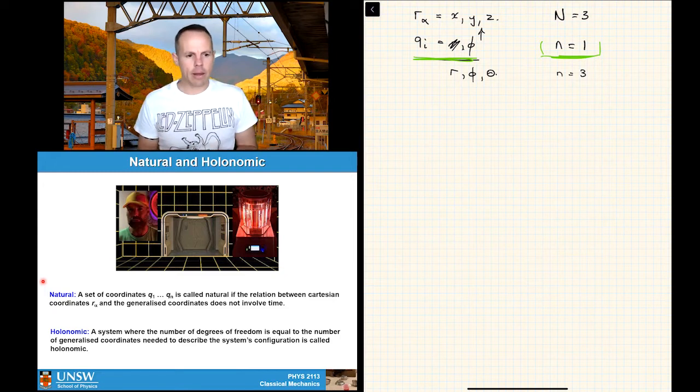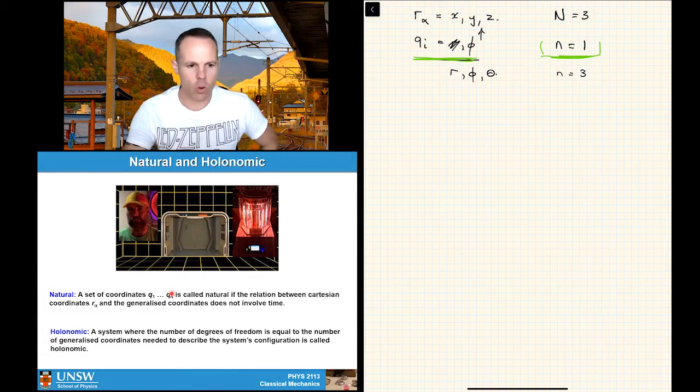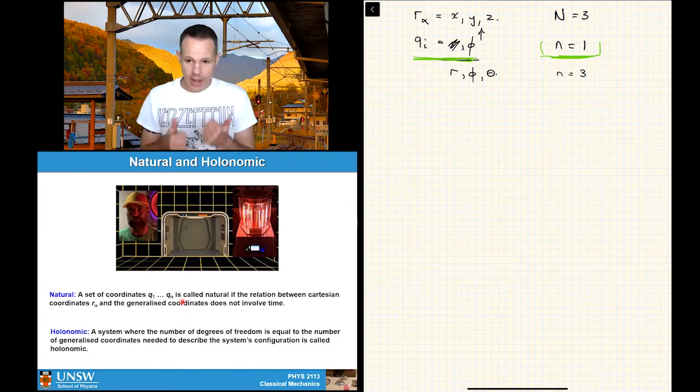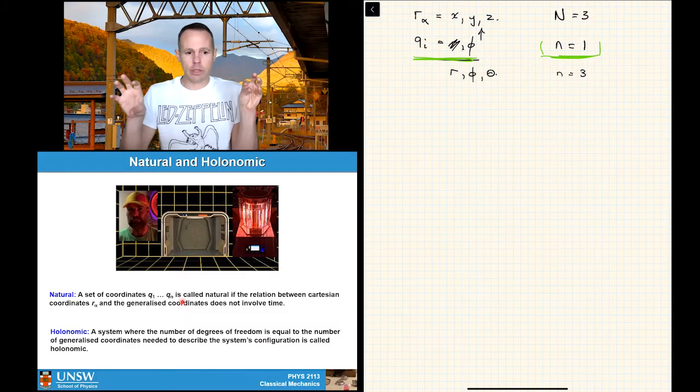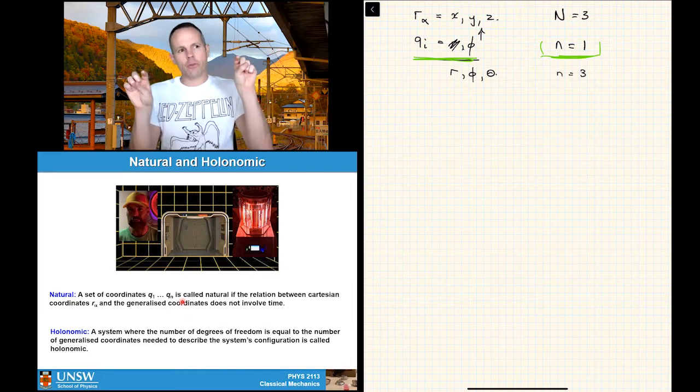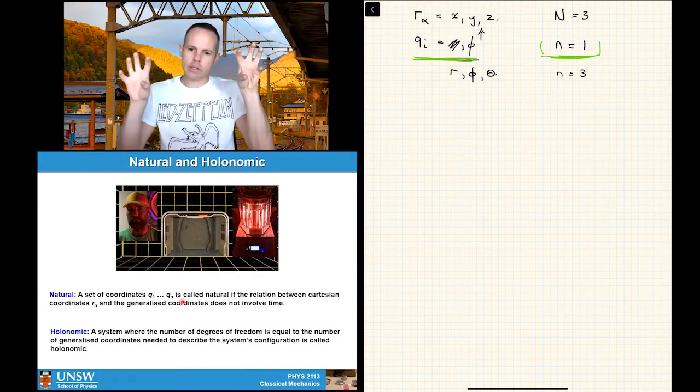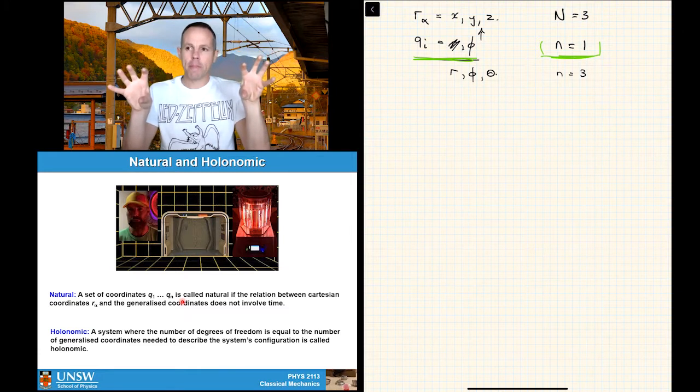So if we talk about a natural set of coordinates, basically what we mean is a set of generalized coordinates q1 through to qn is natural if their relationship to the Cartesian coordinates does not involve time. And basically what that means physically is that for every point in time, your mapping of the coordinates in q to the coordinates in x, y, and z remains the same.